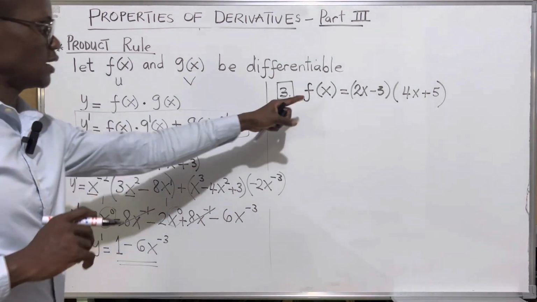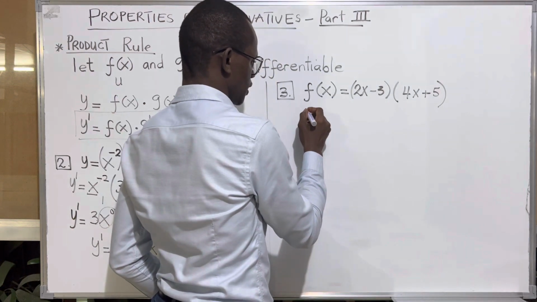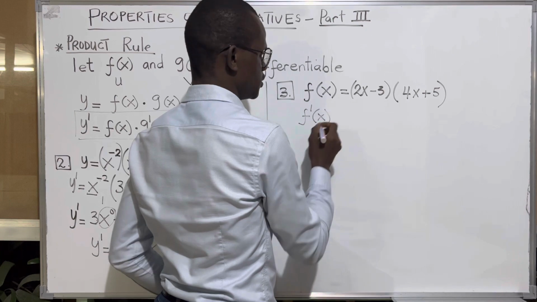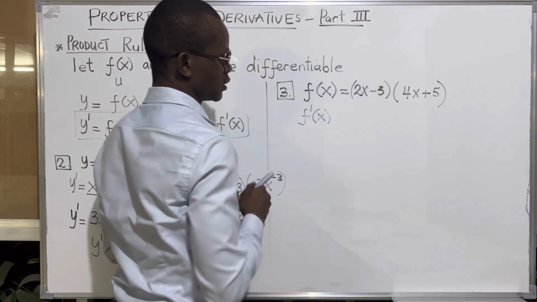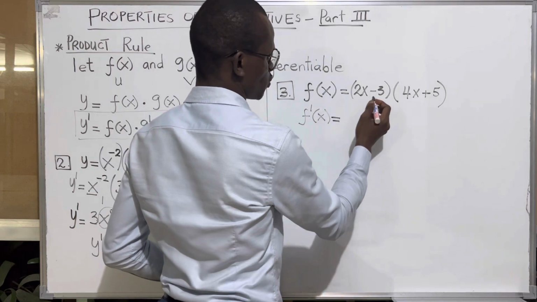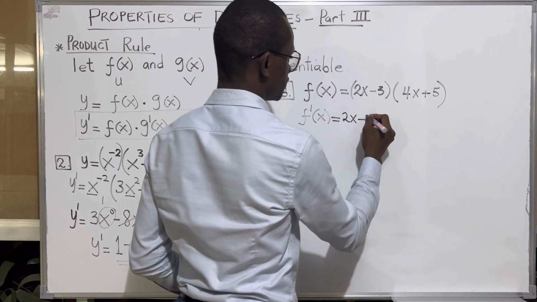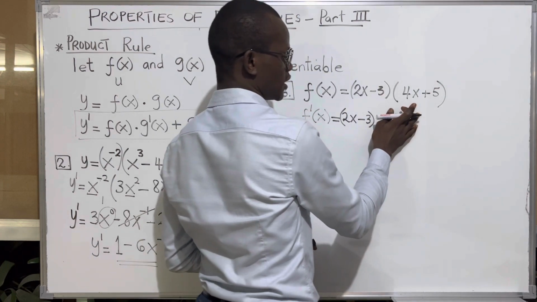That's it. Now let's come to this side. We can have f prime of x, meaning we're differentiating now. F prime of x equals, we hold the first factor, 2x minus 3, and then we differentiate the next one.